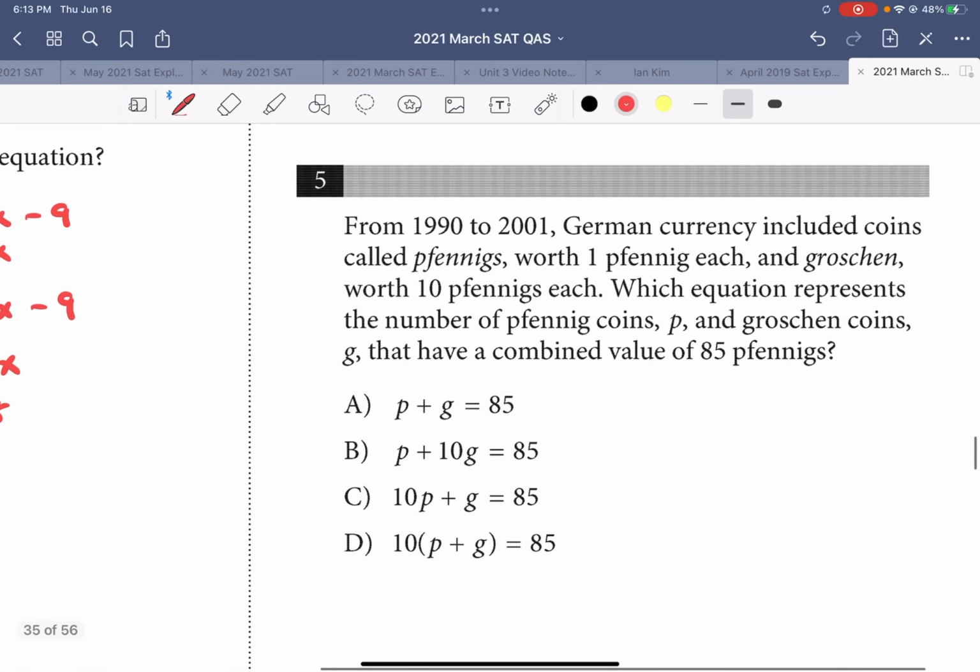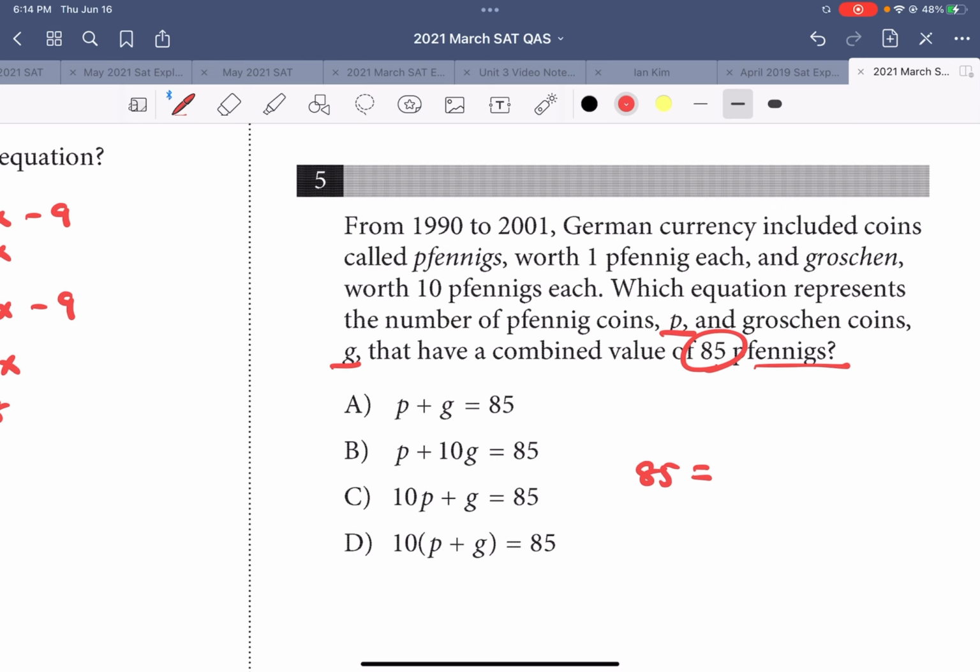Okay. Number 5. From 1990 to 2001, German currency included coins called pfennig, worth 1 pfennig each, and groschen, worth 10 pfennigs each. Which equation represents the number of pfennig coins P and groschen coins G that have a combined value of 85 pfennigs? So in terms of pfennigs, 85 pfennigs.